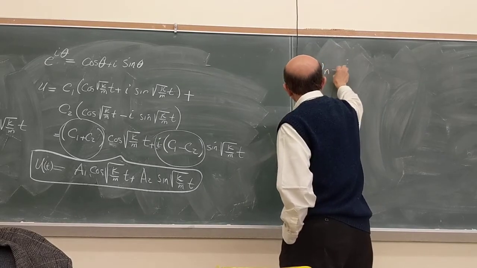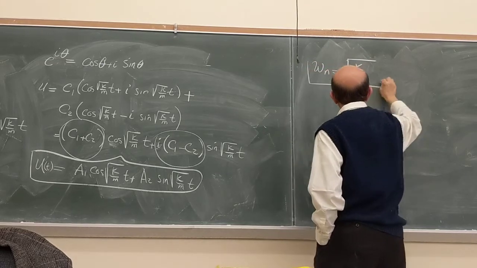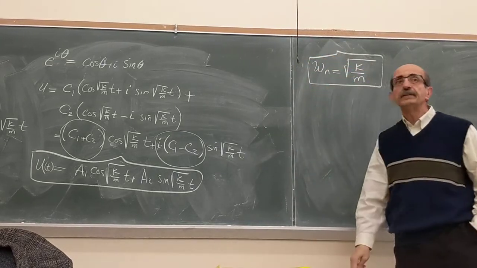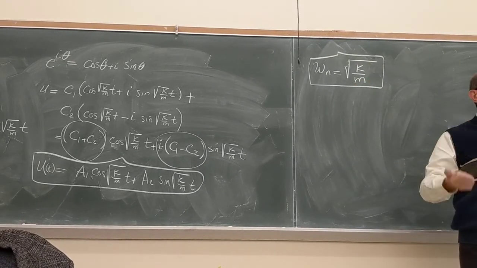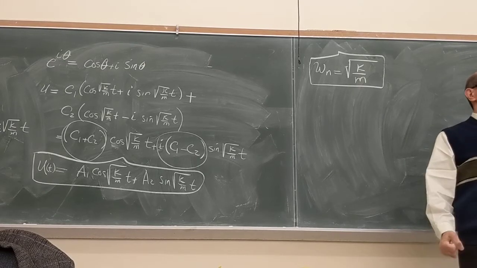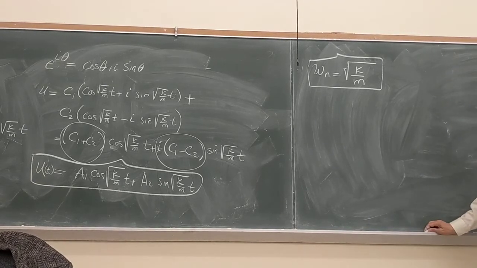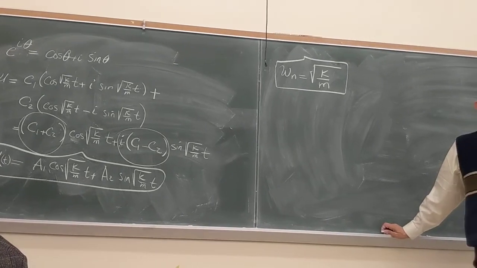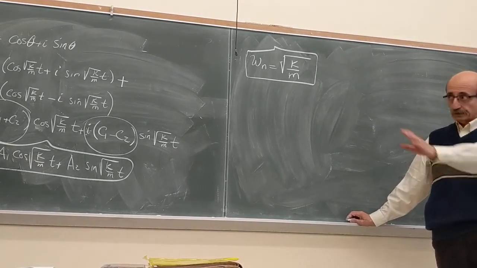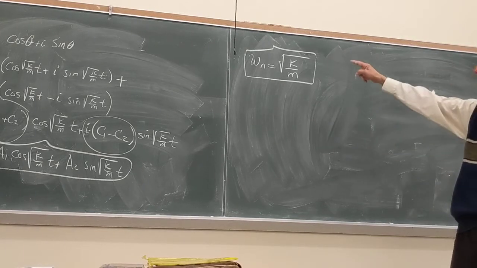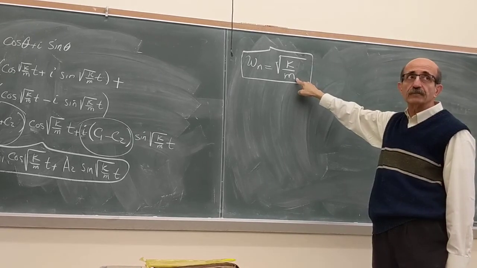If I call that this, the frequency of that oscillation only depends on the inherent or natural characteristics of the system. The natural or inherent properties of the system are what we have discussed: the stiffness and the mass. We're ignoring, of course, the damping, right? So the natural frequency is only a function of the stiffness and the mass of the system.